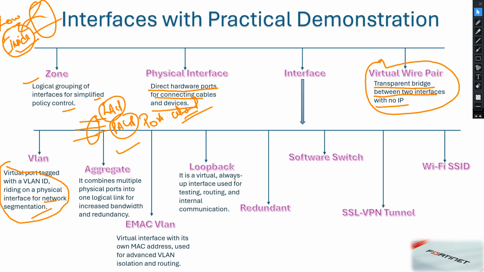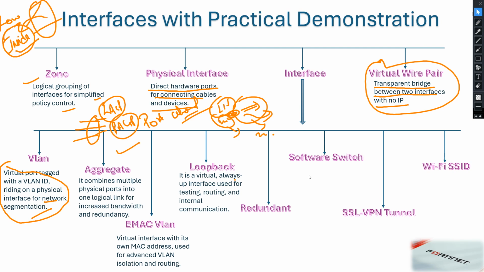Loopback is generally used for testing. If you're new to networking, loopback is a kind of interface that you can create virtually on the device, right? You can say this is a loopback interface, but it's not physically there. You can give it an IP address here. It is used for testing, routing, and internal communications.